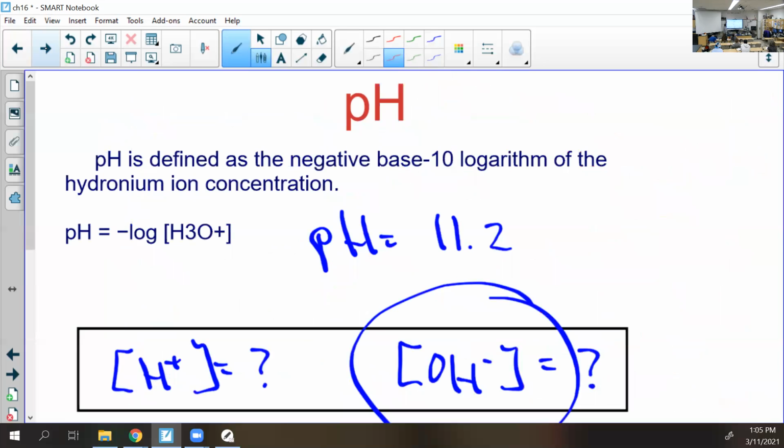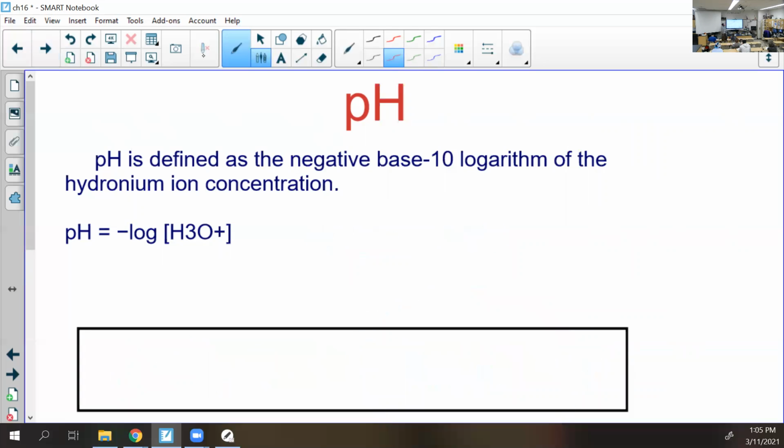Okay, now pH. We've talked about it in a different chapter a tiny bit. We've had it in problems where it didn't really matter, but now it's time to get after it. pH is defined as the negative base 10 logarithm of the hydronium ion concentration.